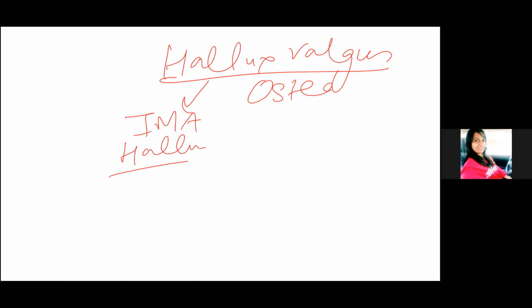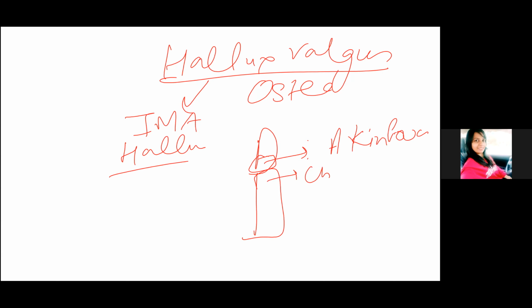I have remembered it like this: make metatarsal, make phalanx. If you have to do a phalanx procedure, that is the Akin procedure, we will go from up to downward. Akin procedure, then we have chevron osteotomy, then we have scarf osteotomy, then we have Lapidus procedure.